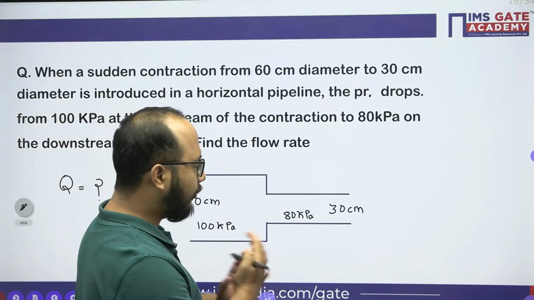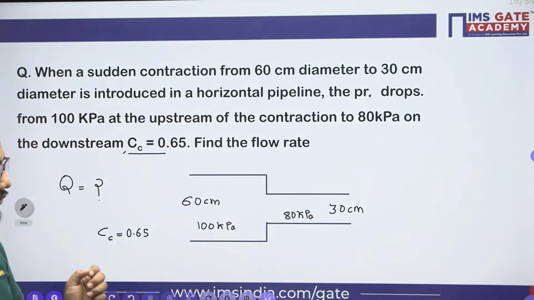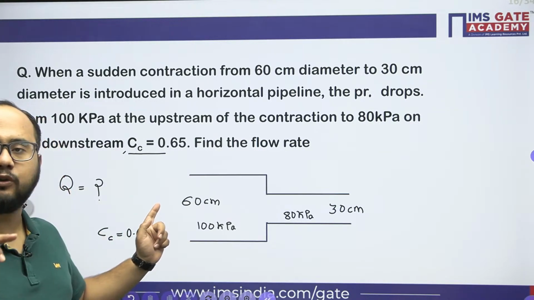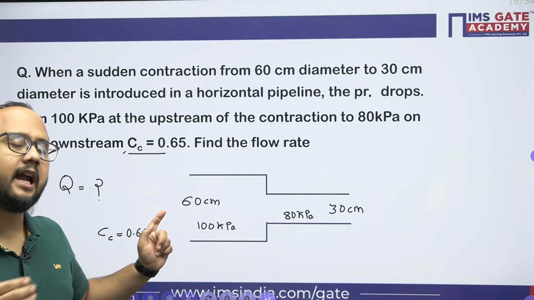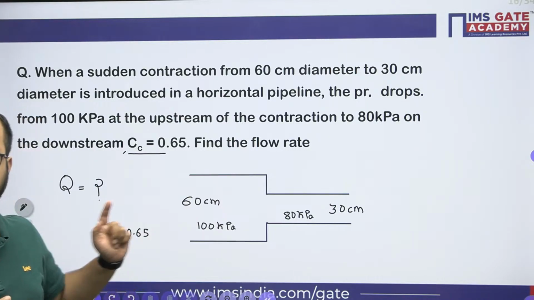But before calculating the losses, first of all I will apply the Bernoulli's equation. In order to calculate the discharge, I need area into velocity. If I know the velocity, I will easily get the discharge also.